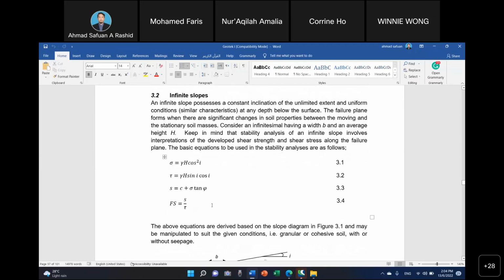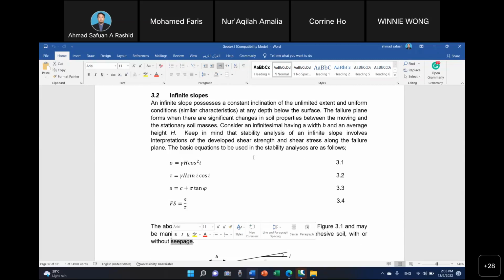The above equations are derived based on the slope diagram in figure 3.1 and may be manipulated to suit the given condition, which are granular or cohesive soil with and without seepage. Seepage means that there is a groundwater level, or water movement.